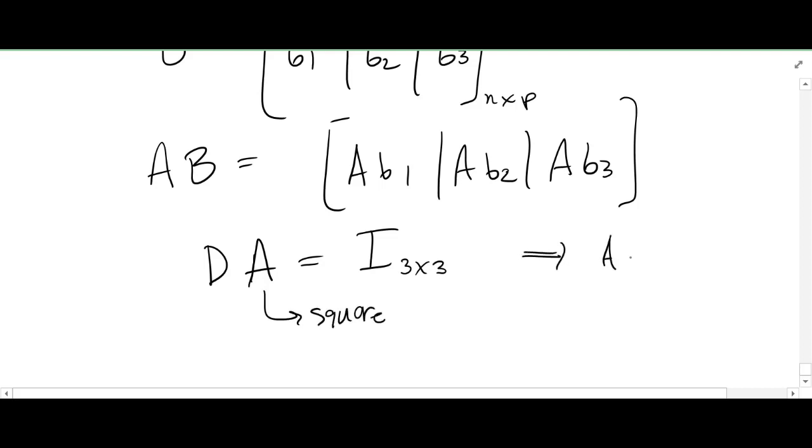You can also do the other side: A times D would also be the identity matrix. So if your square matrix is definitely not invertible, you can't find a matrix that when you multiply it on the left or the right gives you the identity matrix.